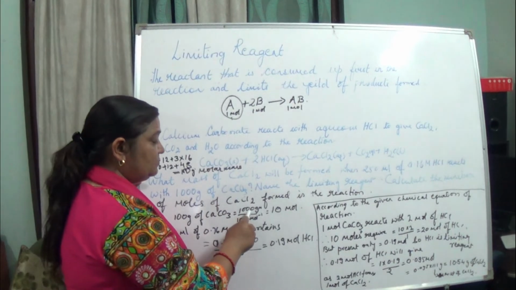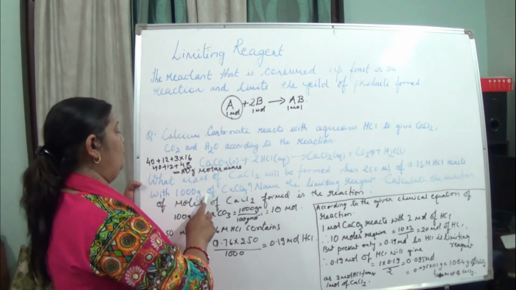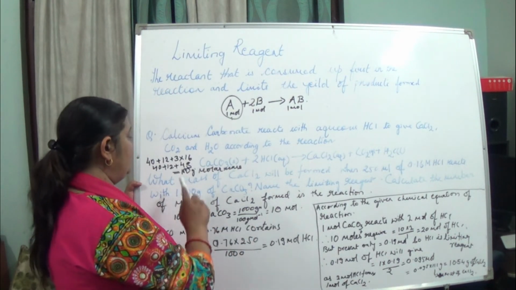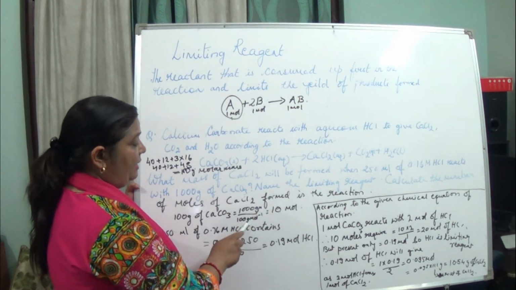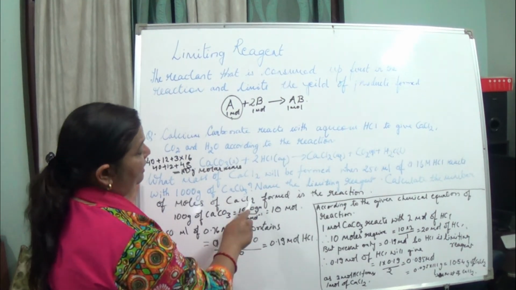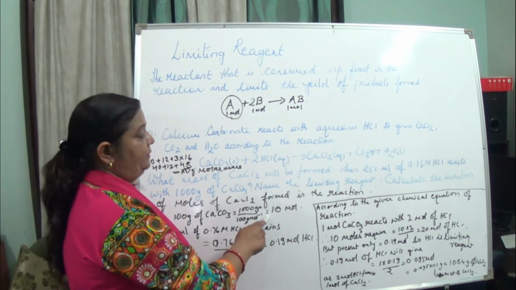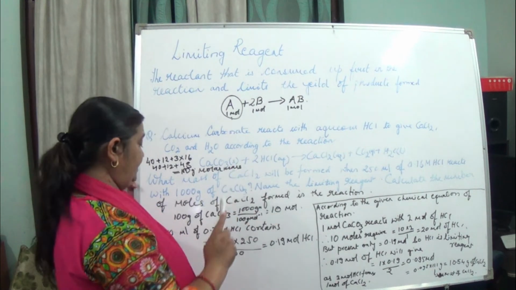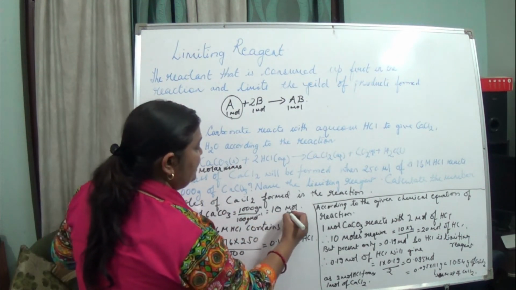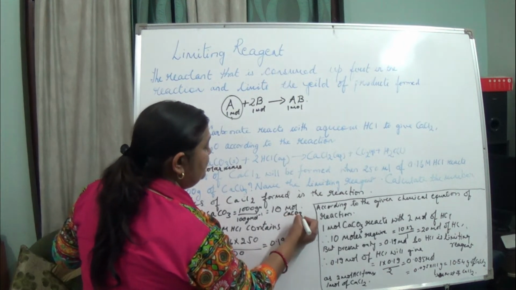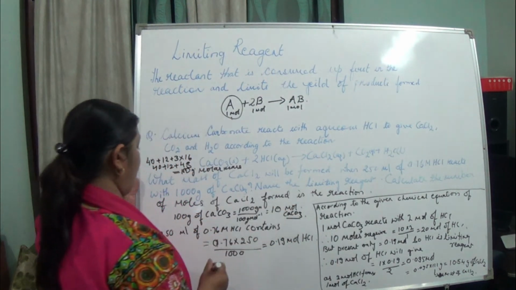So given mass is 1000 grams, molar mass is 100 gram per mole, isn't it? So when we are solving it, we are getting 10 moles of CaCO3, that is calcium carbonate.